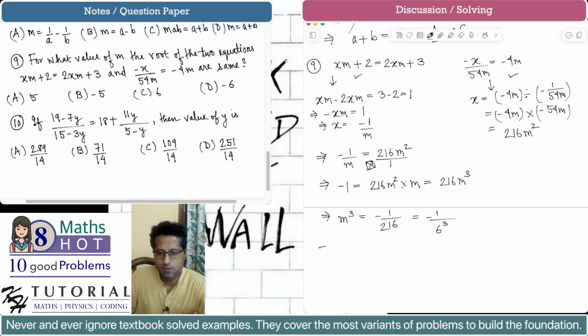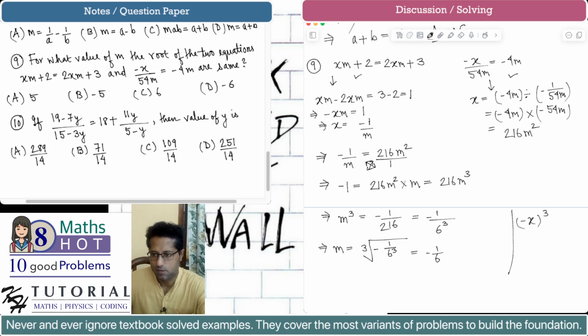Now this implies m is equal to cube root of minus 1 by 6 cube, which will be equal to minus 1 by 6. The concept is that the cube of a negative number is negative: cube of minus x is equal to negative of x cube.